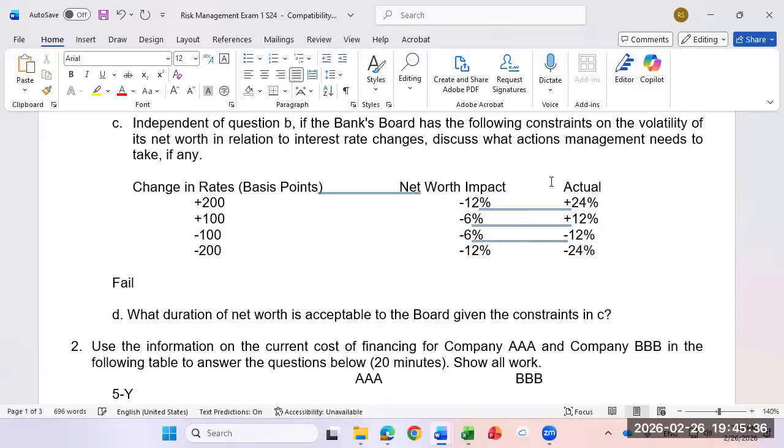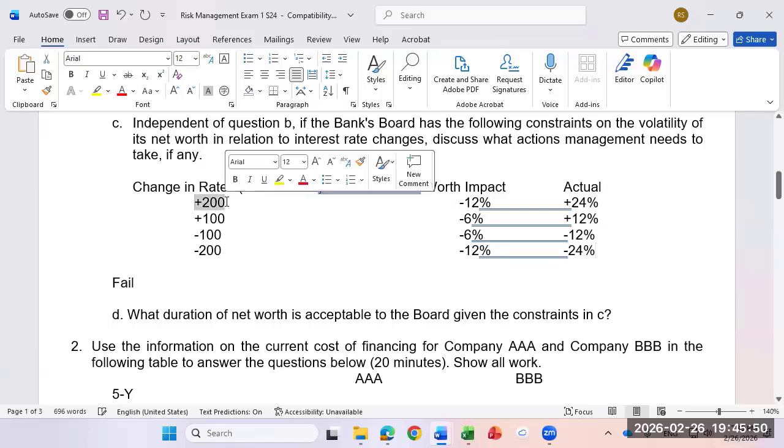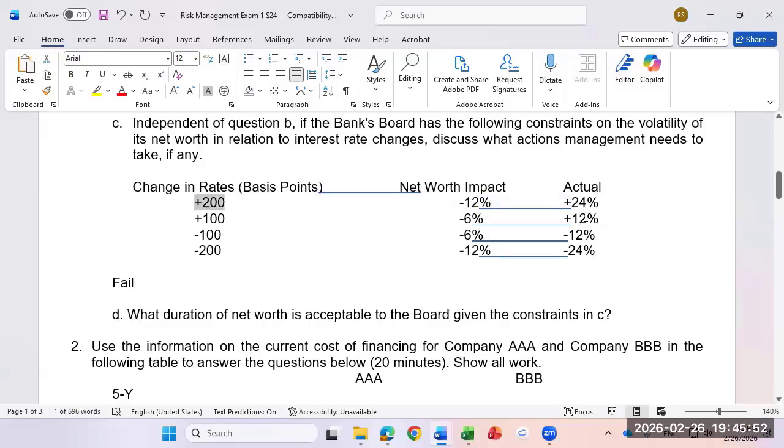If you want to do that, you should be able to do it in your head because it's pretty straightforward. Your duration's -12, so minus 12 times minus 2 is positive 12%, and positive 12% times 0.02 gives you positive 24%. So they fail these two. They fail when rates fall.